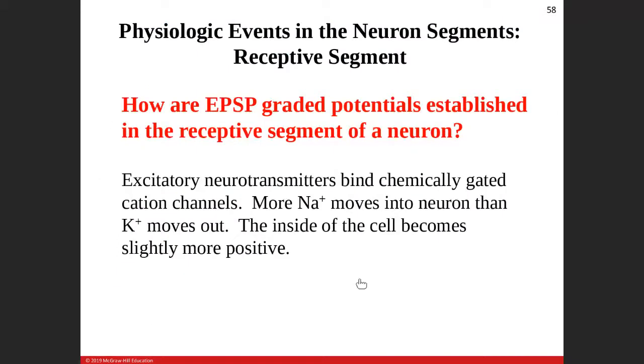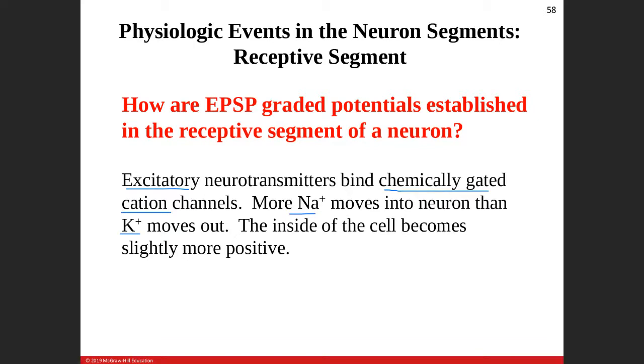So how are EPSP graded potentials established in the receptive segment of the neuron? We're going to deal with excitatory neurotransmitters first. They bind onto the receptor in our chemically gated channel, specifically the cation channels, sodium and potassium.